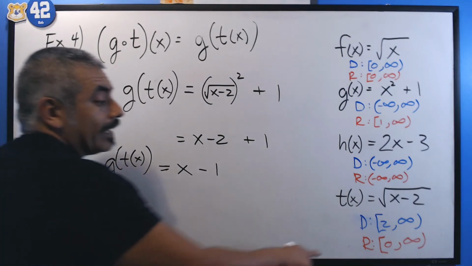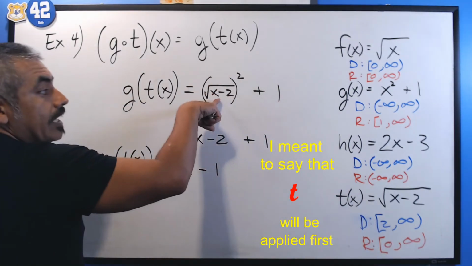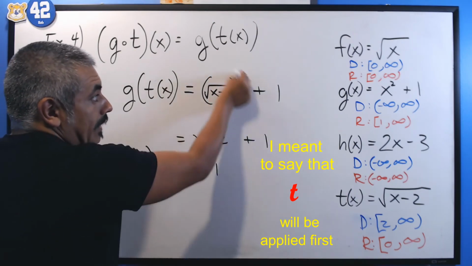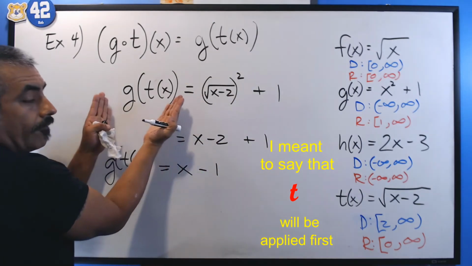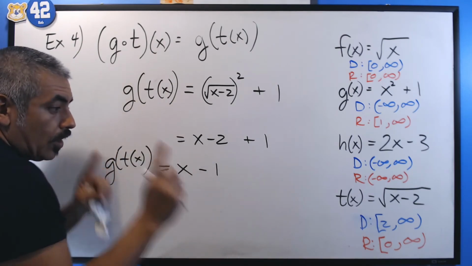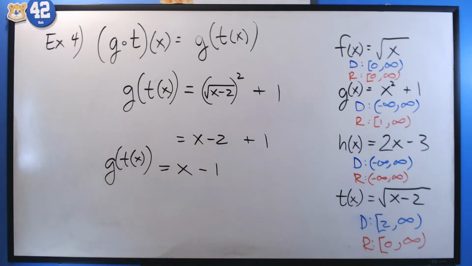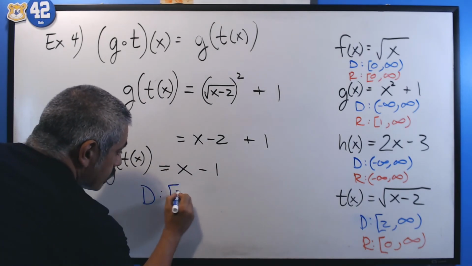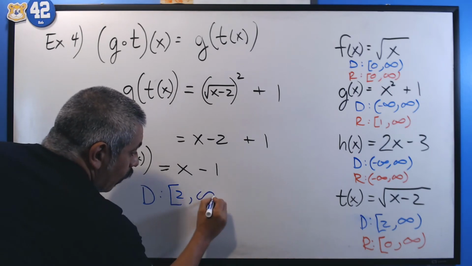Because if I plug in anything less than 2, I'm going to get a negative under the root, and this is going to be nonsense, which would make the entire function nonsense. So the lowest value I can actually put in here is going to be 2. So we're going to say the domain is going to start at 2, and it's going to go all the way to infinity.